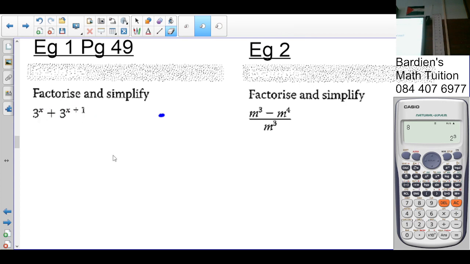Second, if you're going to break this up, what we have is 3 to the x plus 3 to the x times 3 to the 1. What is the next step you need to say there? Take out the common factor.